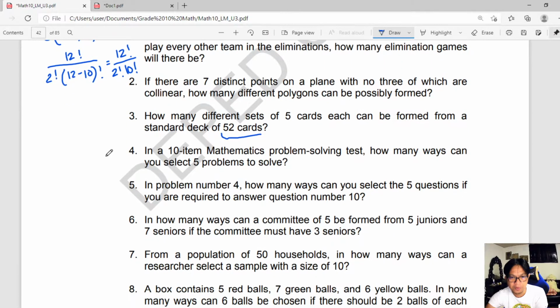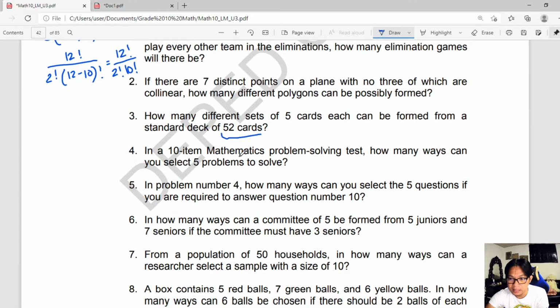Okay, number 4. In a 10-item mathematics problem-solving test, how many ways can you select 5 problems to solve? So, in answering a 10-item mathematics test, hindi naman kailangan na mayroon siyang order, di ba? Okay, kailangan mong sagutan mo na yung number 1 before you can answer number 2. So, walang sinabi na ganyan. So, you can choose any problem.